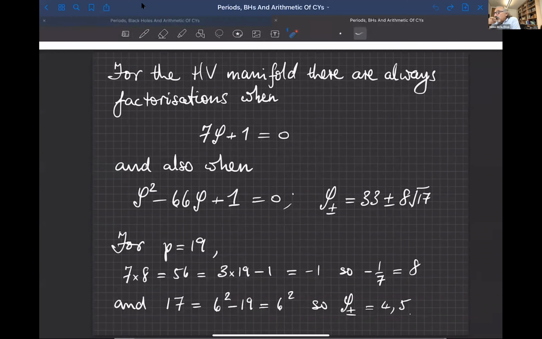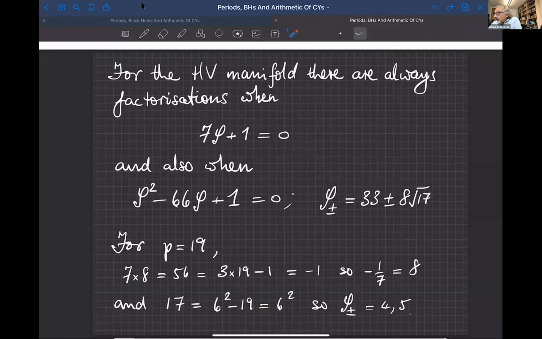You can discover that by looking at the plot we just looked at and playing some games with the Chinese remainder theorem, or just asking your computer to search among linear equations for one that will fit the bill. And of course, it doesn't have to search very far before it comes to this answer, 7 phi plus 1.